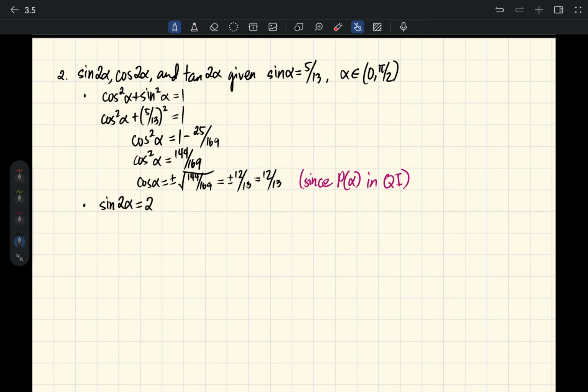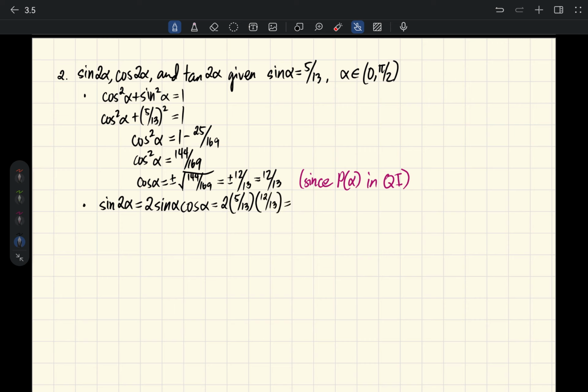This is just 2 sine alpha, cosine alpha by our identities. So plugging the values for sine and cosine, we have 2 times sine alpha, that's 5 over 13. Cosine alpha, that's 12 over 13.